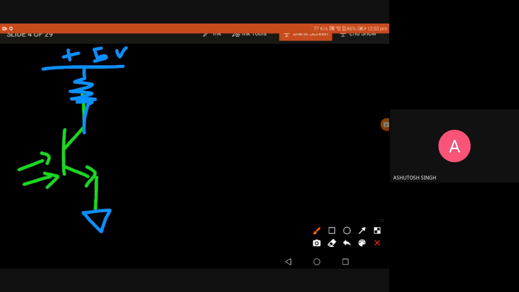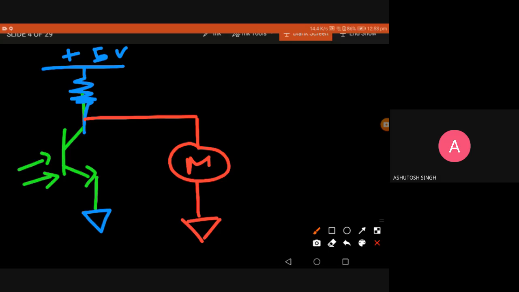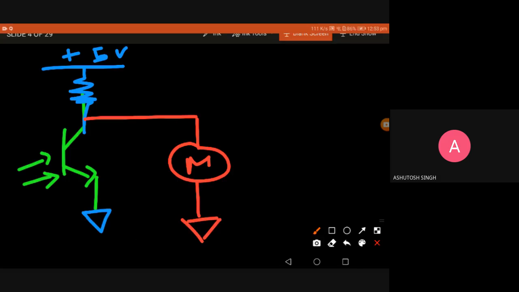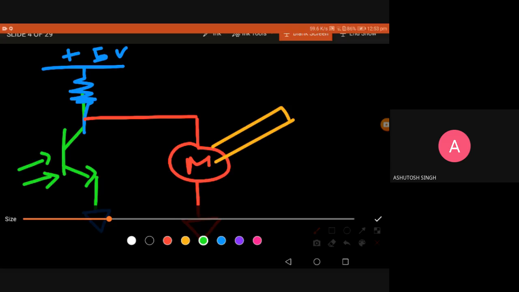I'm just giving a symbolic diagram so that you may understand the working. This is my motor, and this motor may be coupled to some wheel.